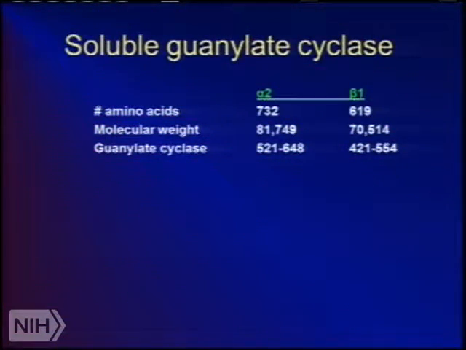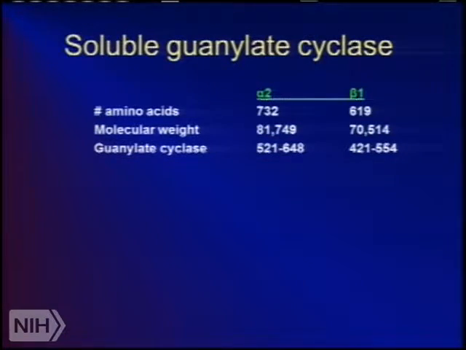And here's the soluble guanylyl cyclase. We have two subunits, an alpha-2 and a beta-1. They're both over 600 amino acids, with molecular weights of 70 to 80,000. The guanylyl cyclase component of this, again, is about 130 amino acids.